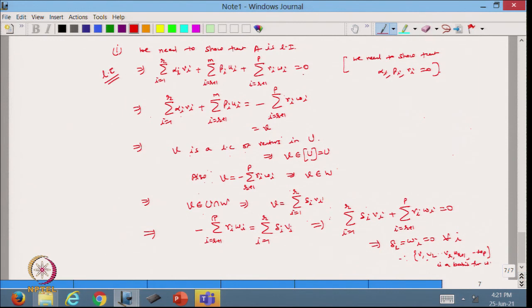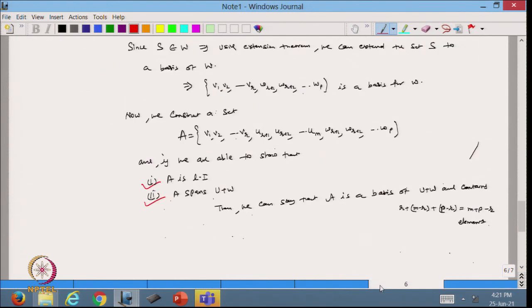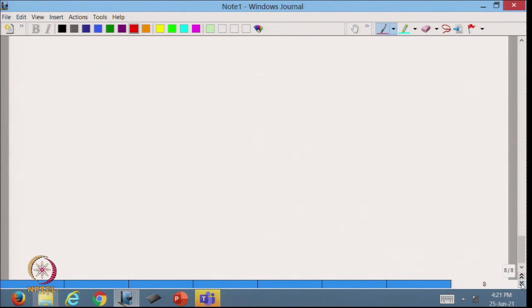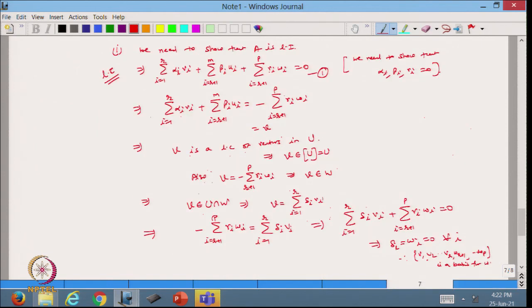Then I can give a name to this equation, let us write it as 1. Then from equation 1 we get that gamma i became 0, oh sorry, this is not W, it is gamma.